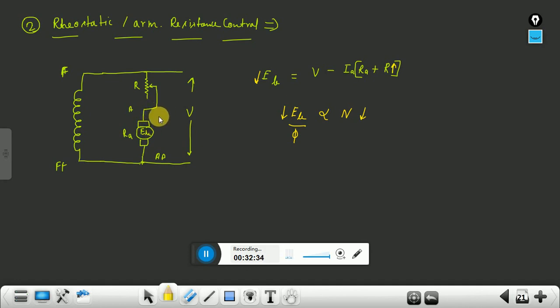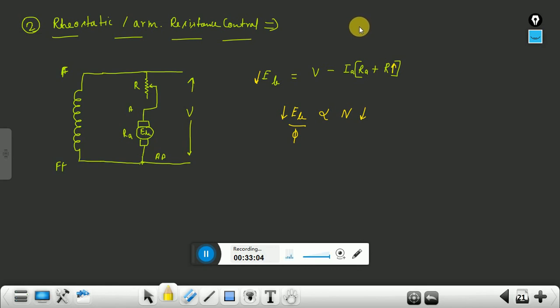This method is used to control the speed from below the rated speed, when we want to decrease speed below the rated speed. Here there is no requirement of a 4-point starter. There is no additional armature reaction effect.